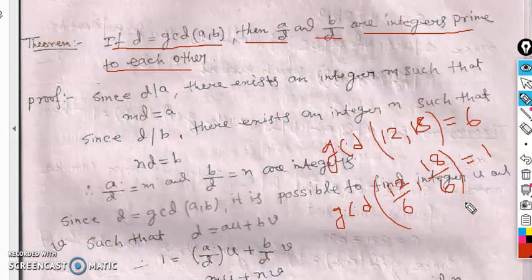But you should not adopt the concept that when you divide by the GCD the remaining numbers should be prime numbers. That should not happen in every case.